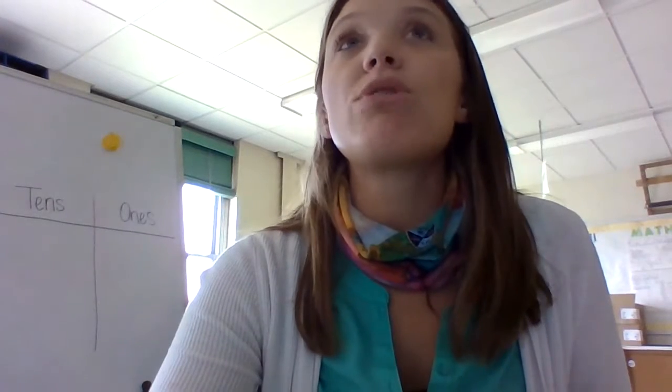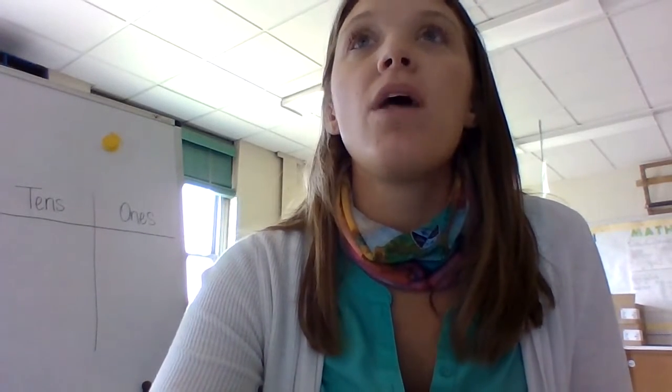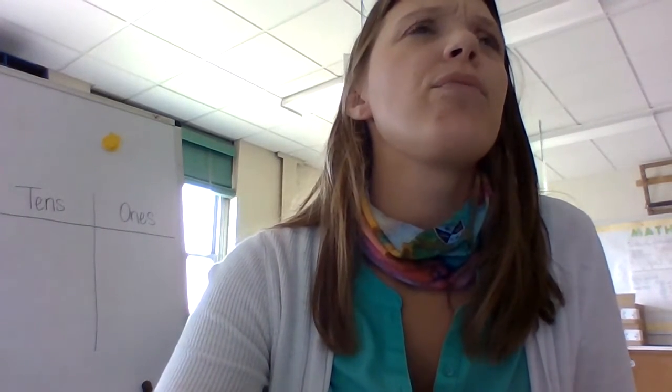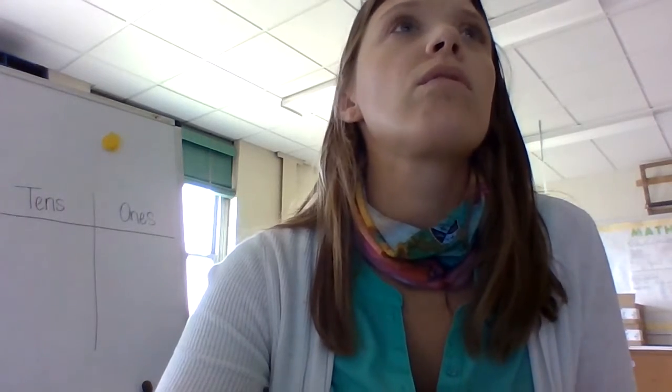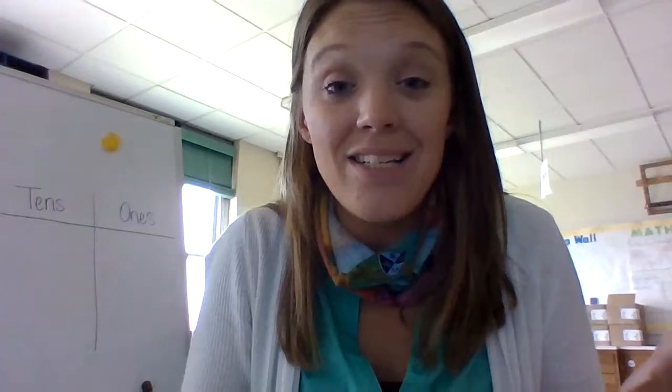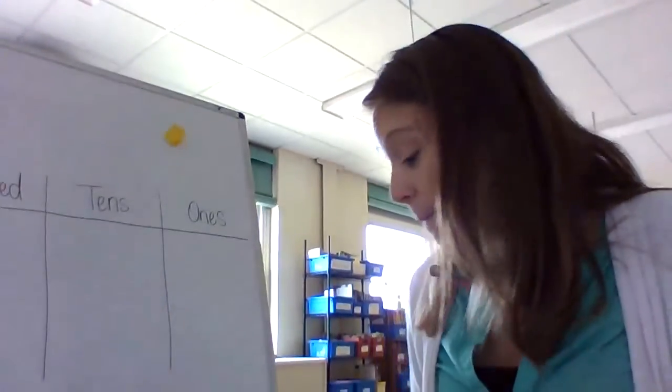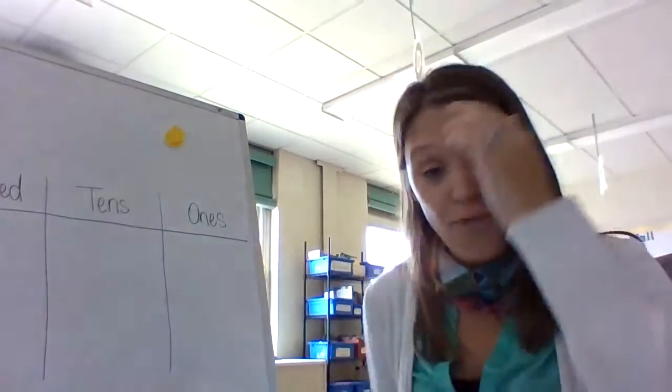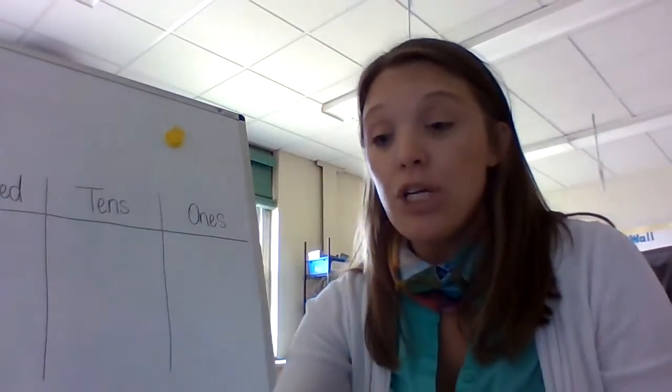Okay, so today in math, I taught you how to interpret a multiplication equation as a comparison. Whew, that is a lot of big fancy math vocabulary. So let me say that again.